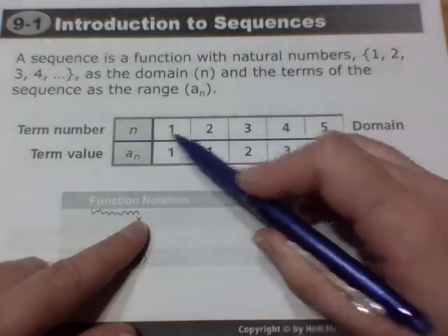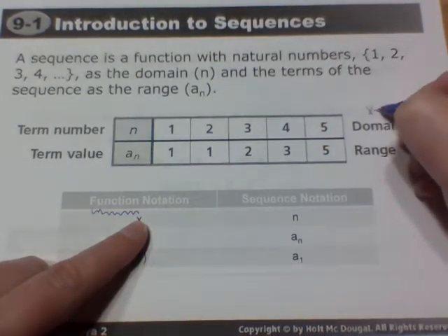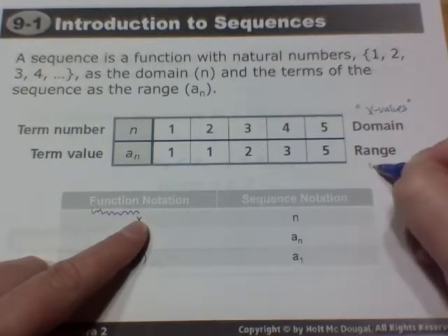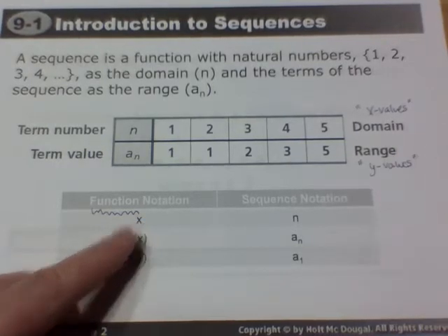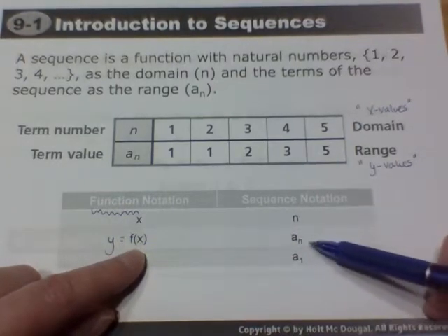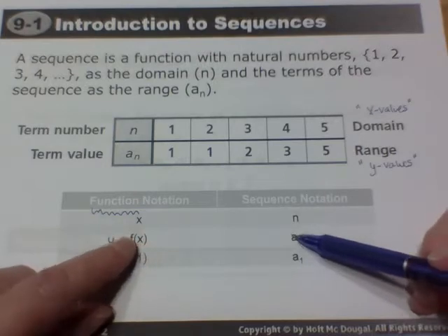So n values are like your x values, or your domain. Your range is still your y values, but now instead of having an f of x, we're going to have an a sub n. So a is like the f and n is like the x.